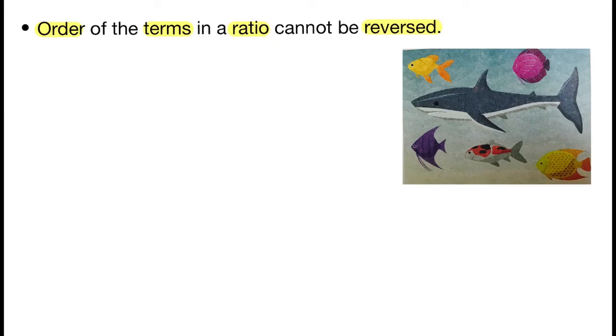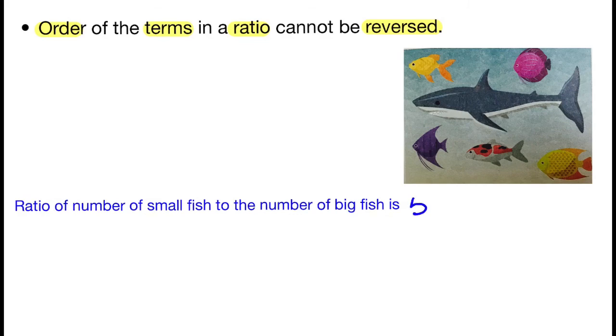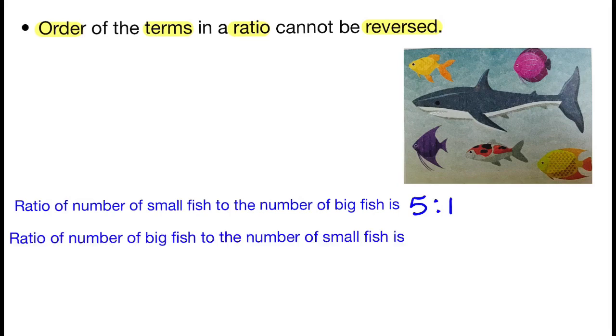In the given picture, you can see one big fish and 5 small fishes. Here, the ratio of number of small fish to the number of big fish is 5:1, whereas the ratio of number of big fish to the number of small fish is 1:5.